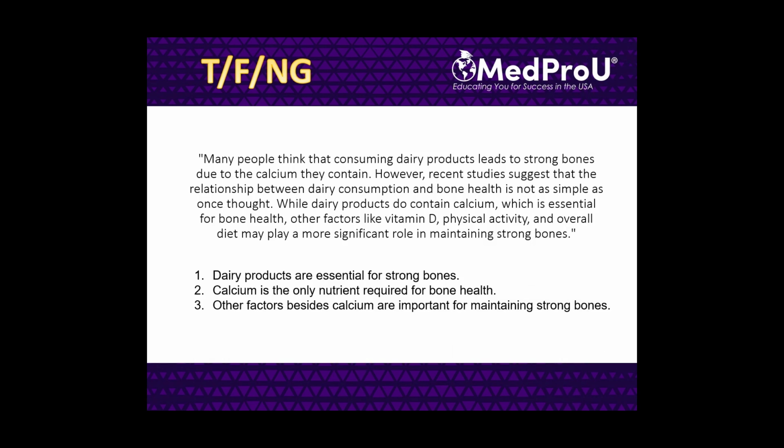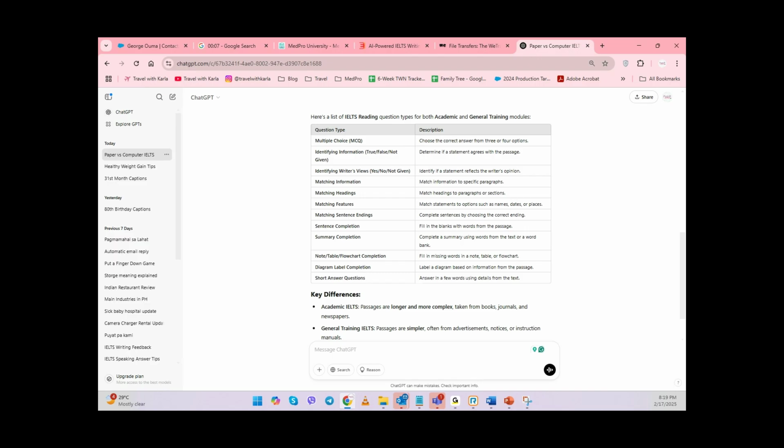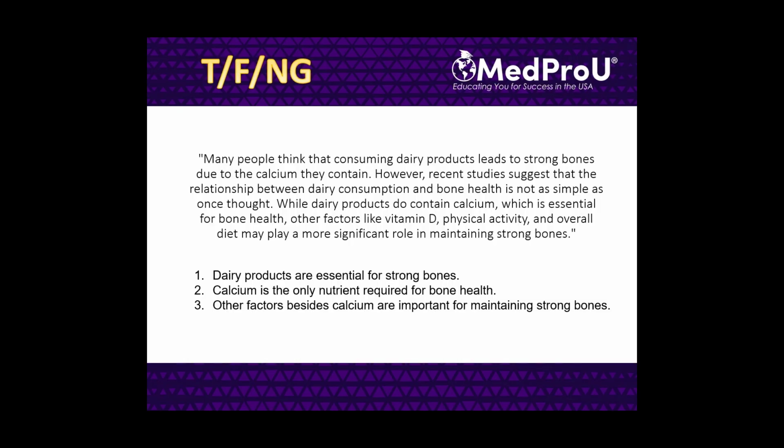Dairy products are essential for strong bones. Is it true, false, or not given? It is true if it agrees. If it is false, it's telling you the otherwise. It's not given if you cannot verify it from the passage.